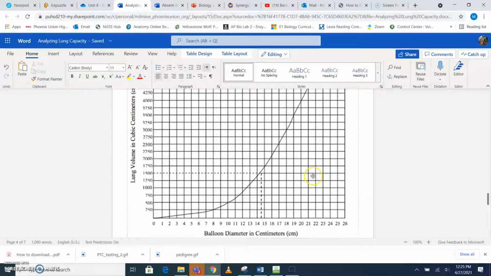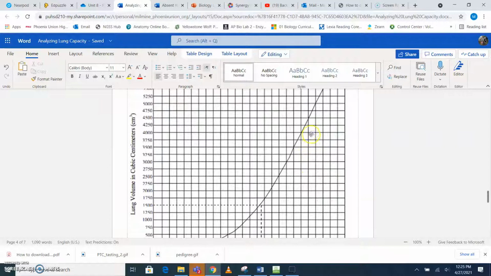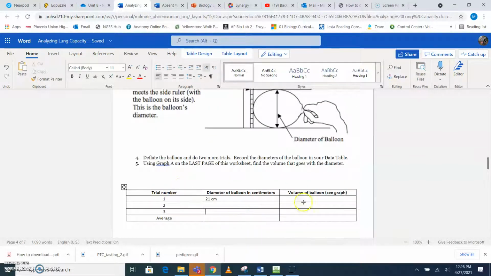I can go up and measure that line up, and it crosses right about here. Then I can come over this way to get my volume, which looks like it is about 4,500 cubic centimeters of air in that balloon. So I can come back to my graph and plug in 4,500 cm cubed.